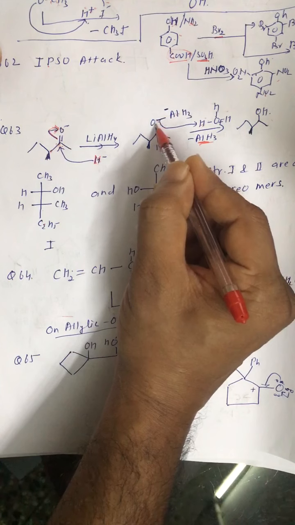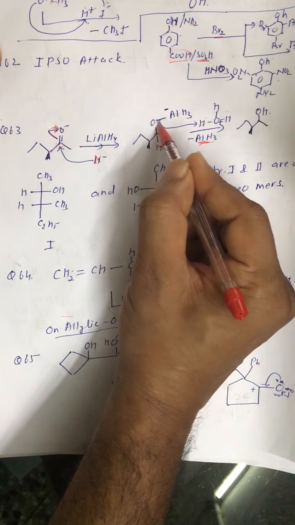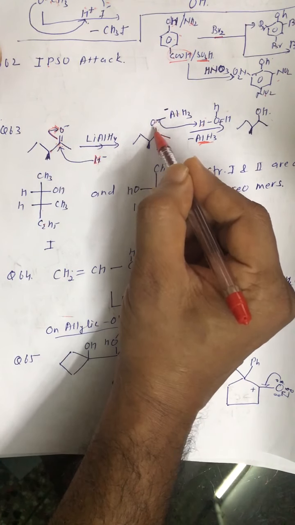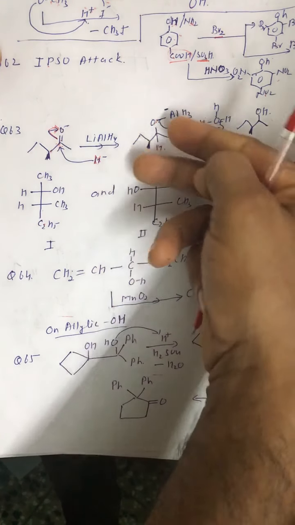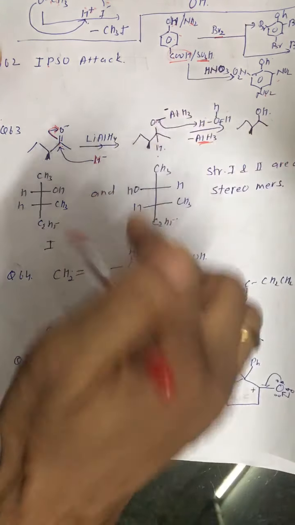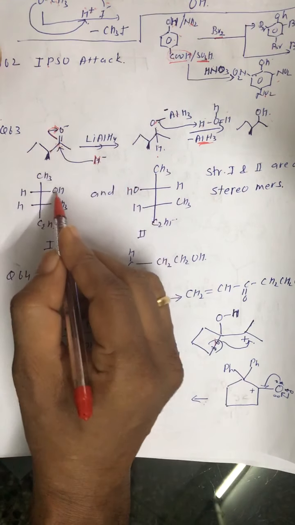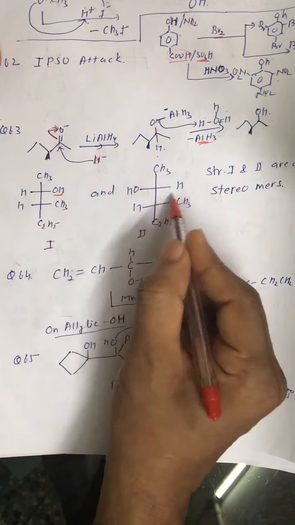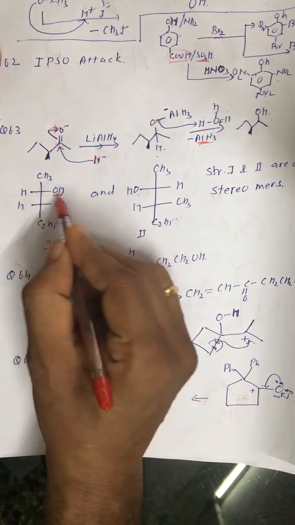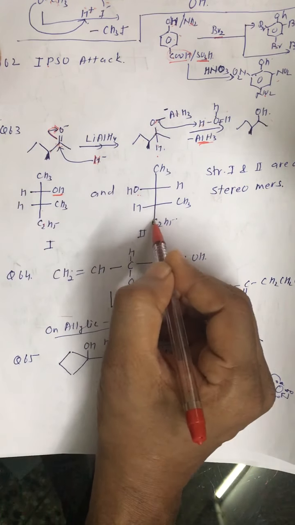So if we are attacking H on oxygen from this side, this attack is quite possible from the opposite side, due to this free rotation. So we are putting OH from this side, and we are putting OH from this side. So both are quite possible.